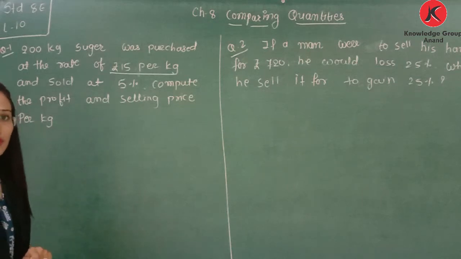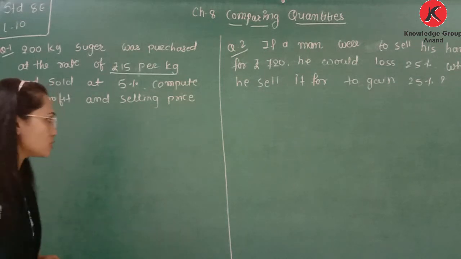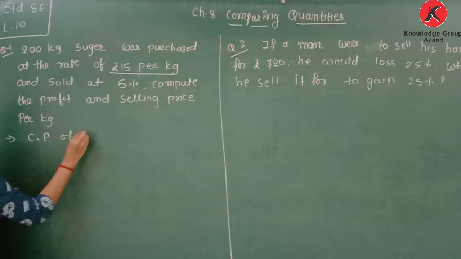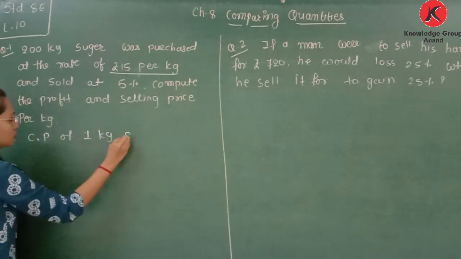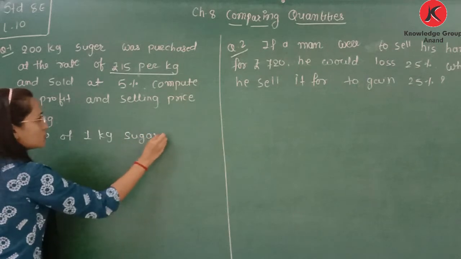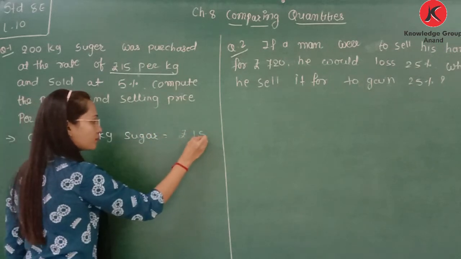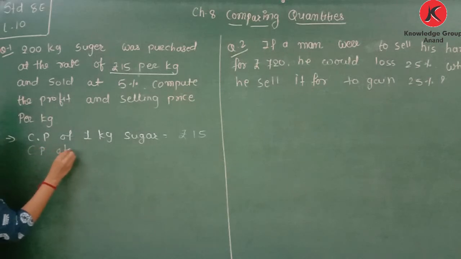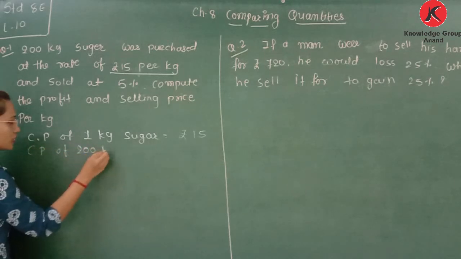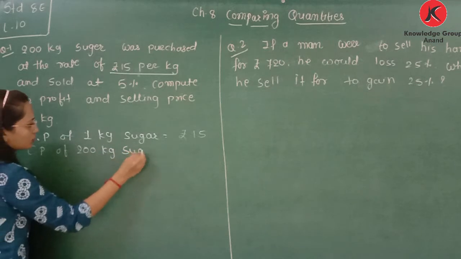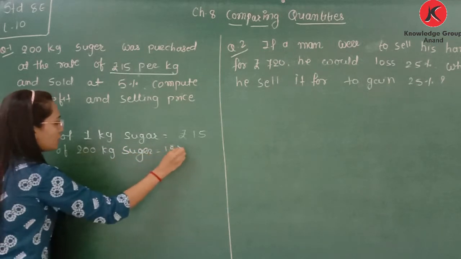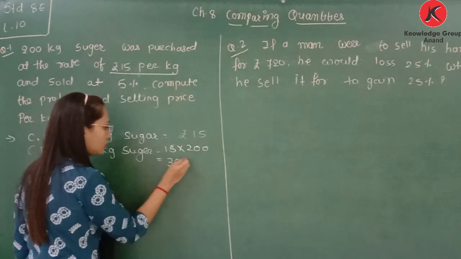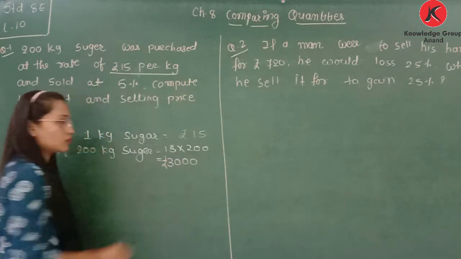So first of all we will find the overall cost price. Cost price of 1 kg sugar is ₹50. So cost price of 200 kg sugar is 50 multiplied by 200, so it is 10000 rupees.